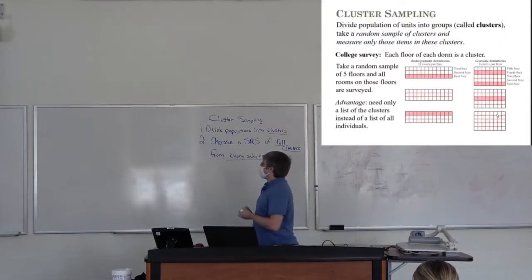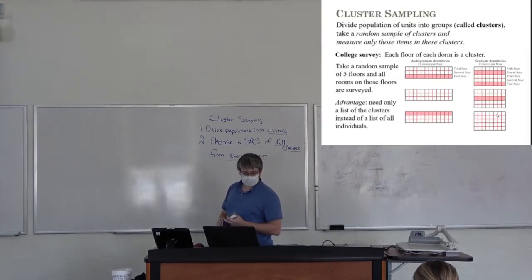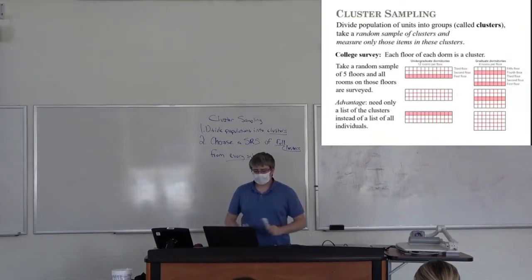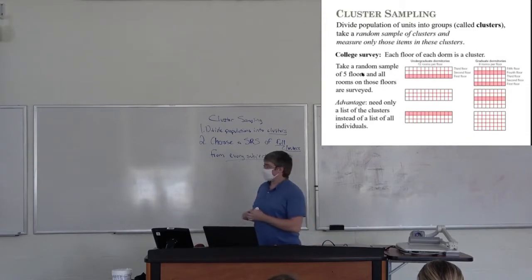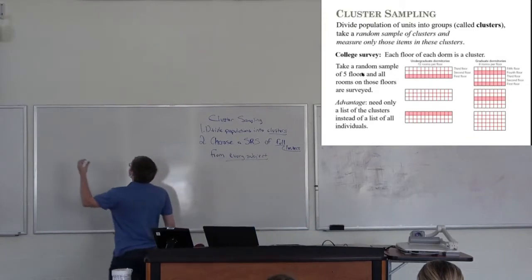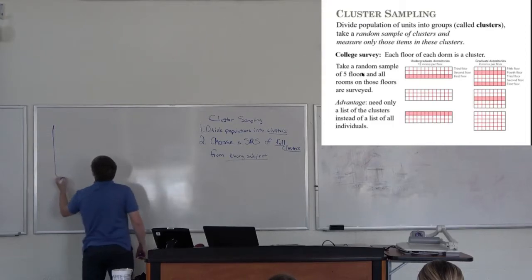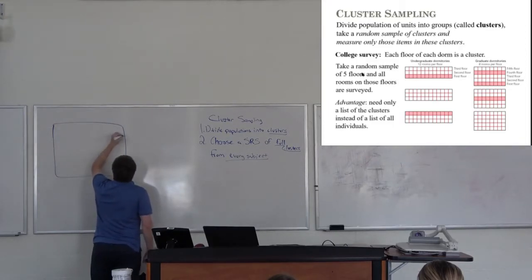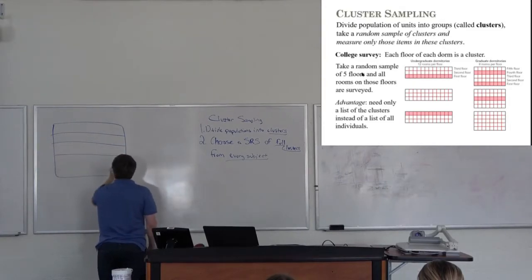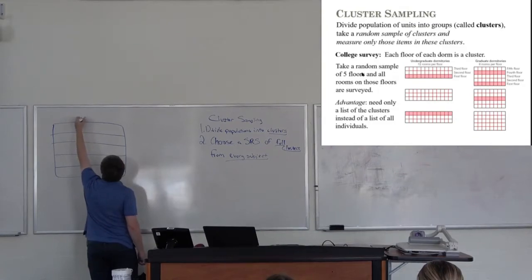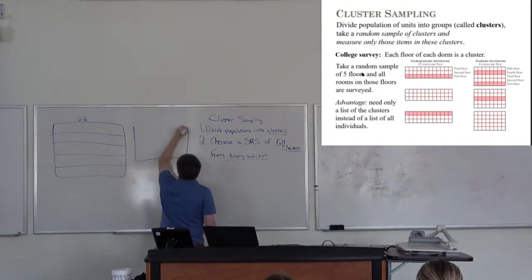So if I'm going to do this with my undergrad and grad dorm clusters, like I say here, divide a population of units into groups, and take a random sample of the clusters and measure only them in their particular clusters. And so now I'm taking a random sample of 5 floors only. I'm not even going to bother doing the vertical ones because I'm sampling each floor. So suppose this is undergrad, and this is grad.